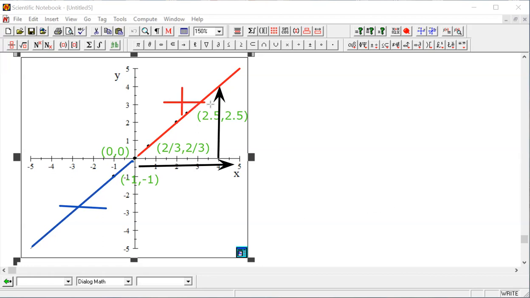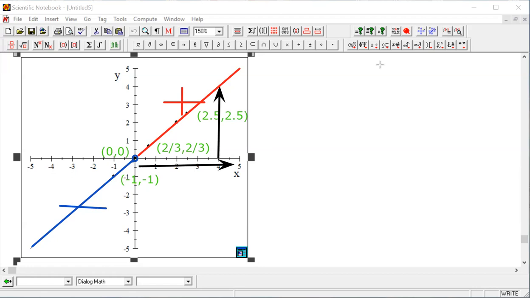So you can tell for which inputs the output is positive, and for these inputs the output is negative. And 0, 0 is the point where it changes from negative to positive. Does that make sense? So a picture can tell us a lot of information.